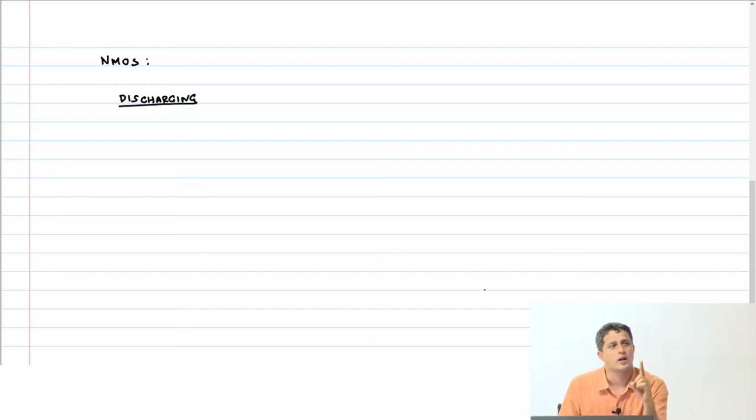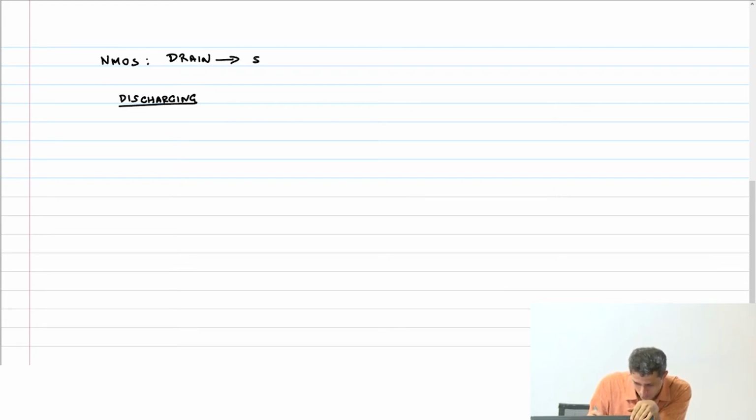What is the direction of current flow in an NMOS transistor? Drain to source. Current flow. Okay, so what do I have here?